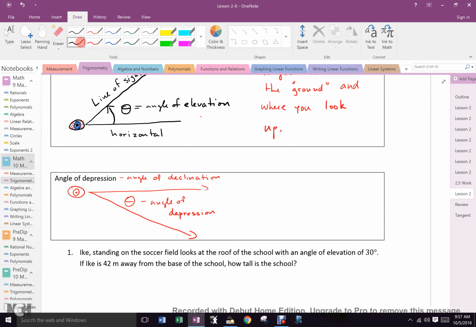So I'm going to go back to black over here, and I'll write the angle of depression is the angle between the horizontal and where you look down.